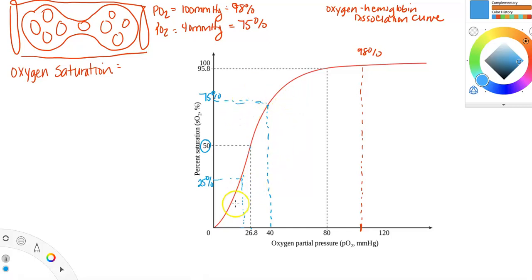Okay, so if we change our curve, we'll adjust it to the right. It's still going to come up like this, right? And we can also adjust it to go to the left. So why would we want to do that?